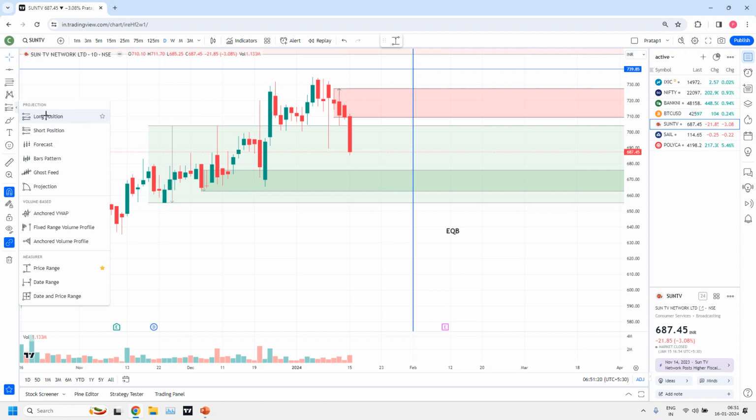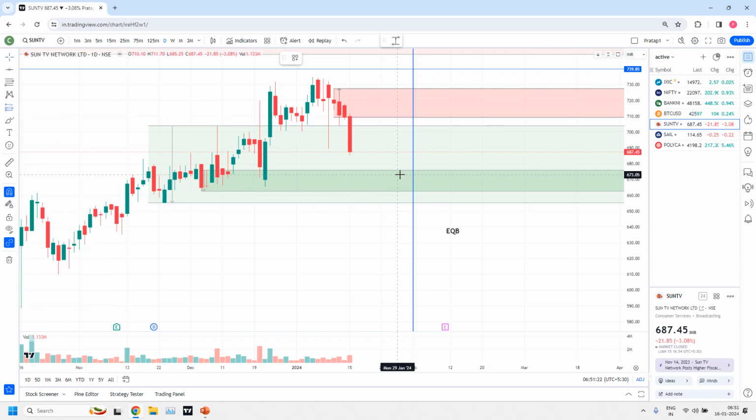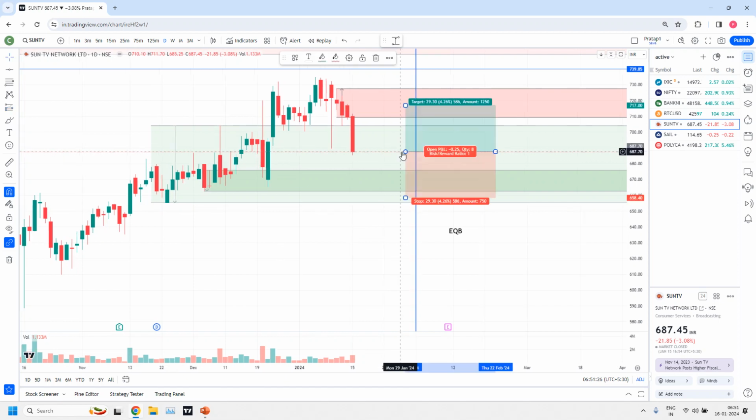Click on this long position, keep your mouse somewhere here and click. Automatically it displays a tool with 3 dots. Have you observed? 3 dots.